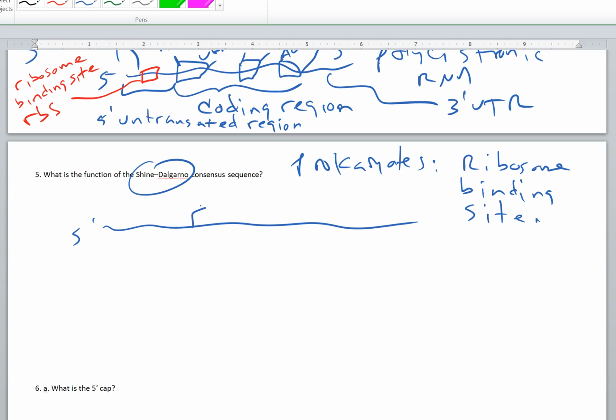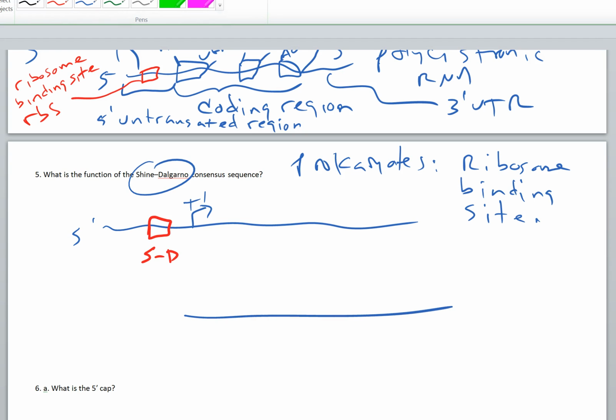Its location is upstream of the transcription start site, and it's often written as just the SD sequence, named after the 2 people that discovered it. It's called the Shine-Dalgarno sequence. And its function is that's where the ribosome binds.